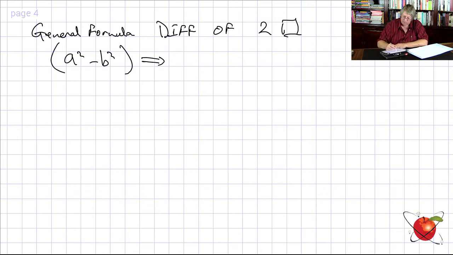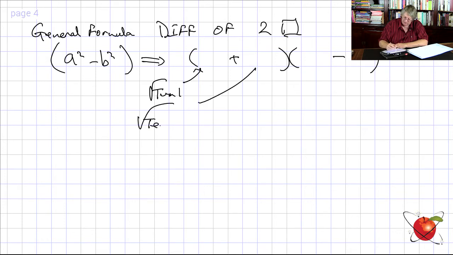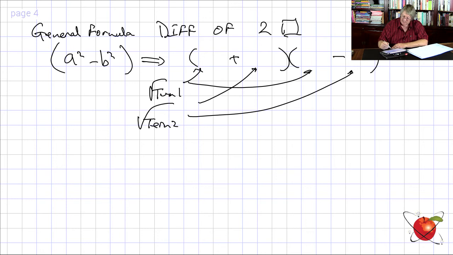Factorizing it, step 1, open two brackets. Step 2, put in a plus, put in a minus. Step 3, put in the square root of term 1 over there, and the square root of term 2 goes in there, and there and there. So let's have a look.